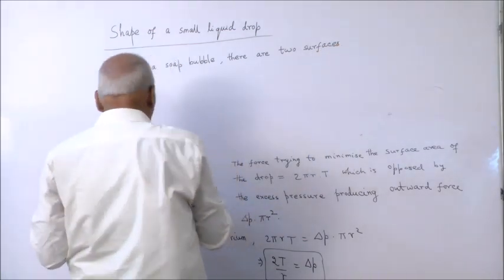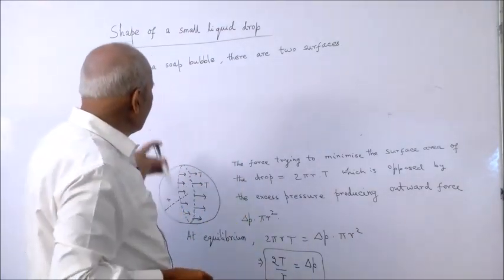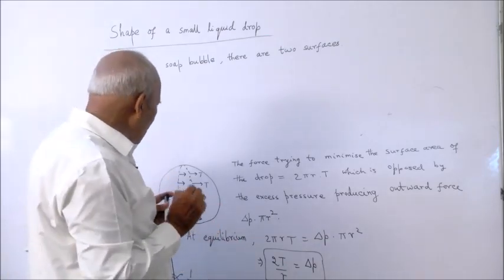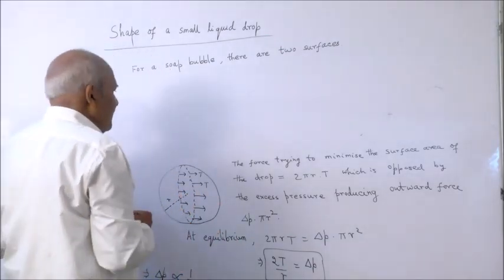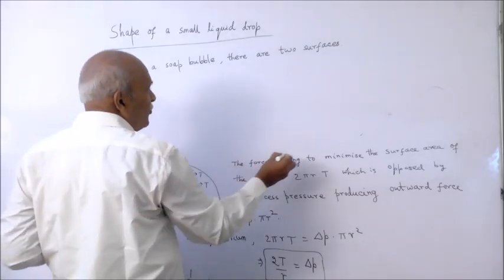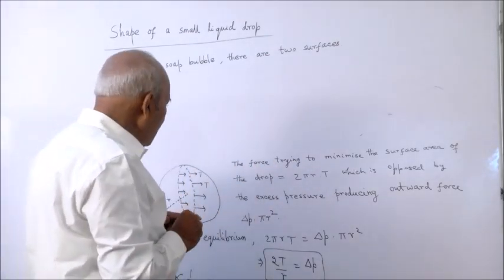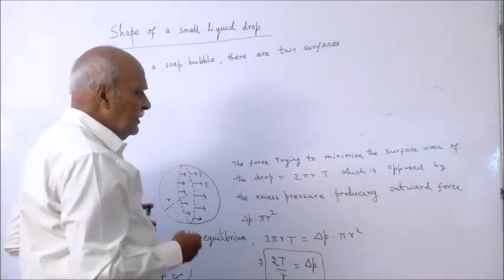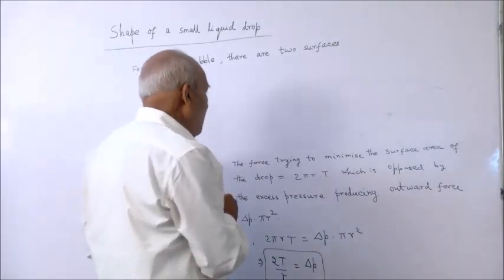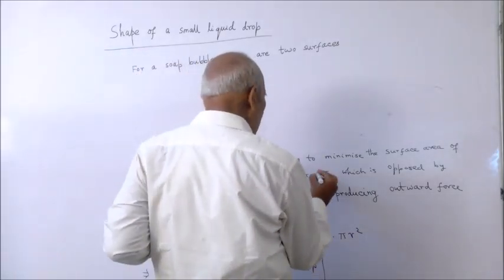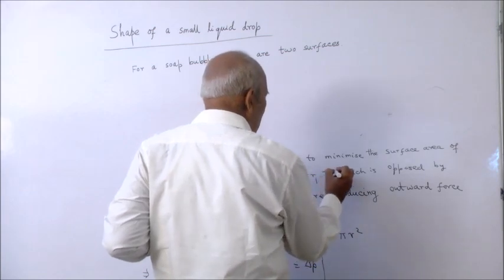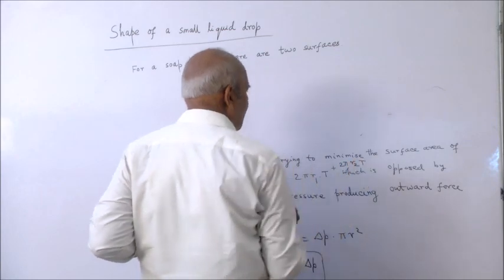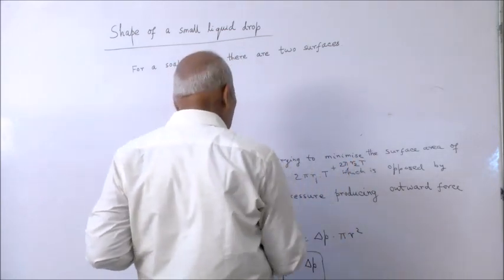The thickness is very small. The internal radius R1 and external radius R2 are almost the same, slightly R2 is greater than R1. So, here the force trying to minimize the surface area, when you draw an imaginary line on the surface of the soap bubble, will be 2 pi R1 T plus 2 pi R2 T, which is opposed by the excess pressure.